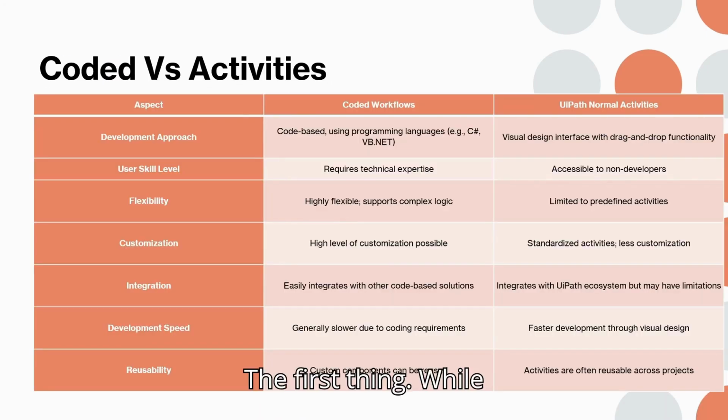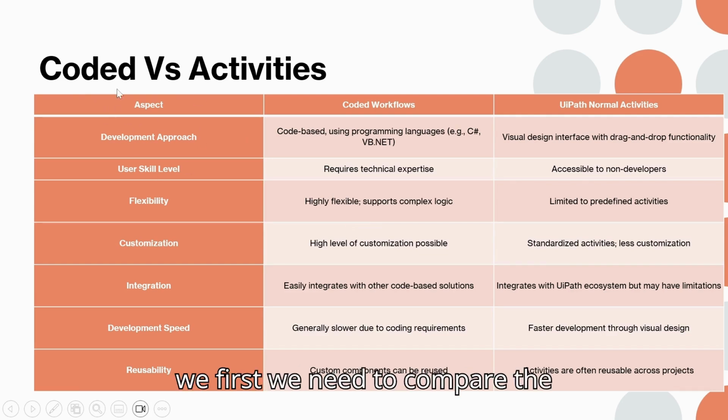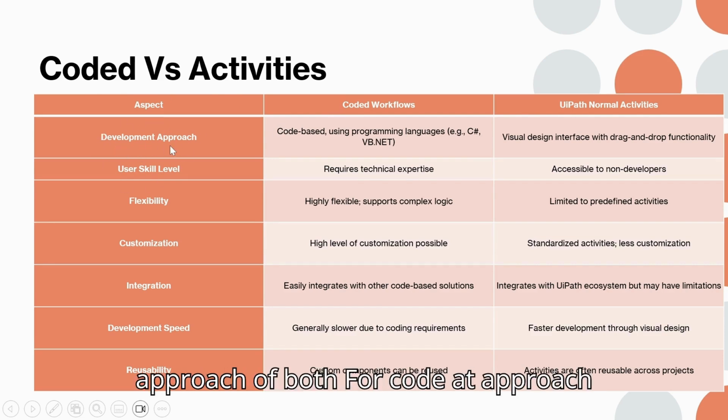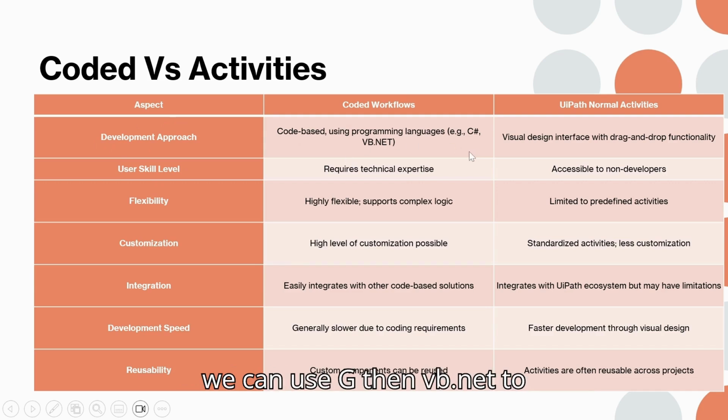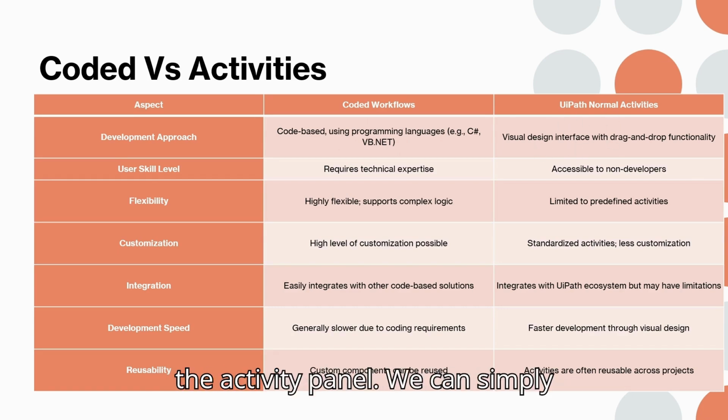The first thing, we need to compare the coded test case with activities. First, what is the development approach of both? For the coded approach, we can use C Sharp or VB.NET to implement the code. But for the activities in our UiPath Studio, we have the activity panel, and we can simply drag and drop.